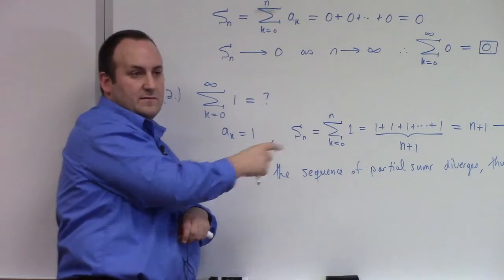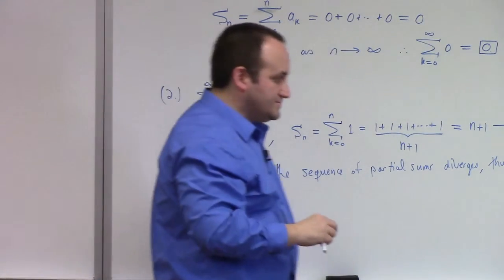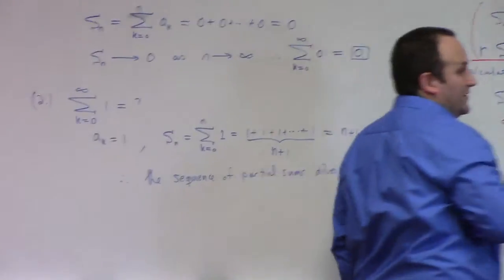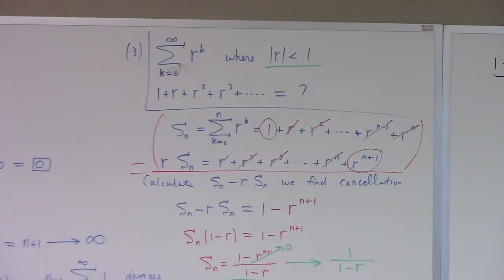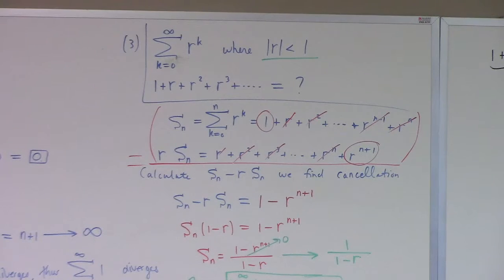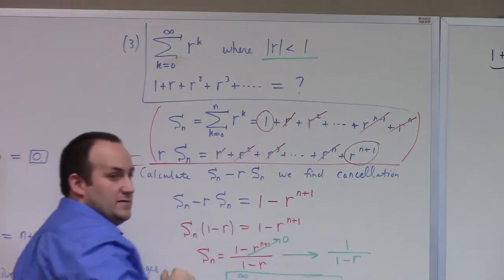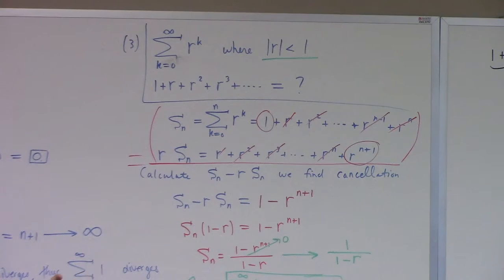That diverged. And the same is true if the absolute value of r is greater than 1 or equal to it, it diverges, by essentially the same calculation. Nothing would change if I replaced this absolute value of r less than 1 condition with, say, absolute value of r greater than or equal to 1. Let me use a different color here.